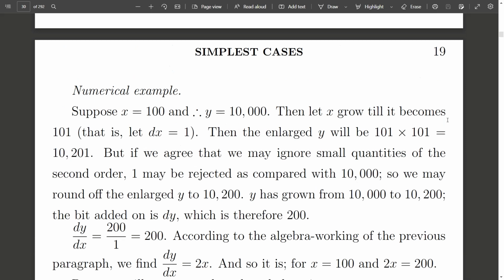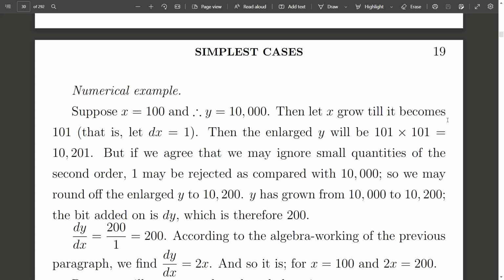Numerical example. Suppose x is equal to 100 and therefore y is equal to 10,000. Then, let x grow till it becomes 101. That is, let dx equal 1. Then the enlarged y will be 101 times 101, which is equal to 10,201.